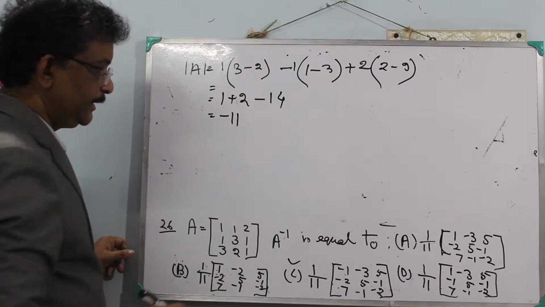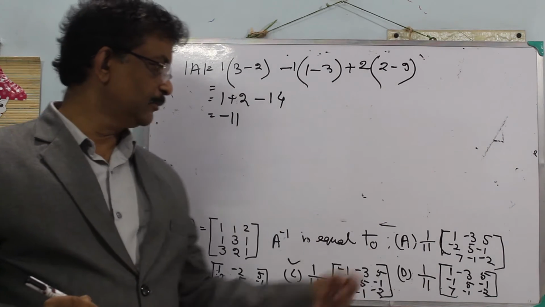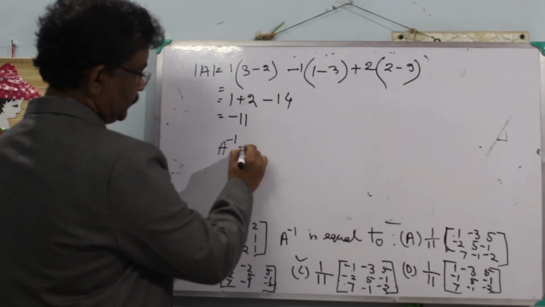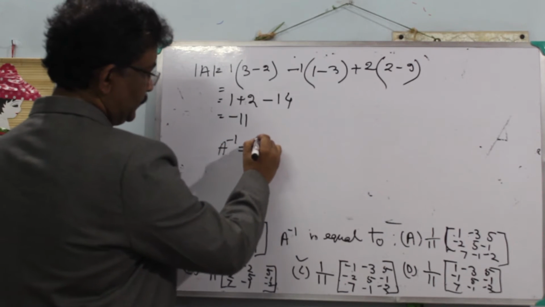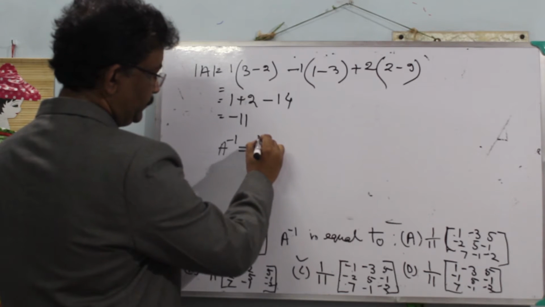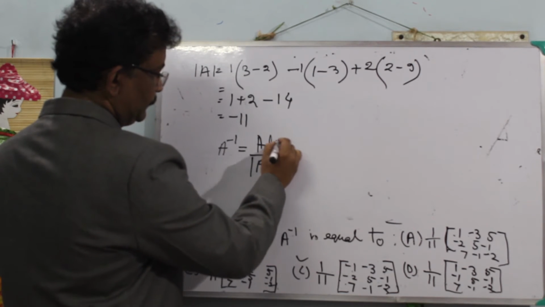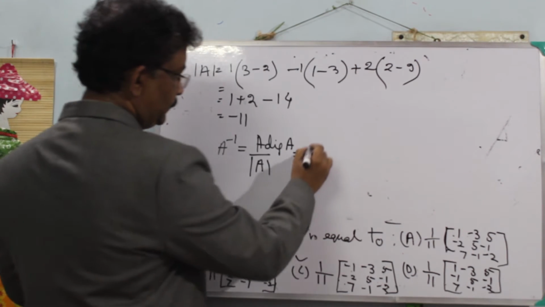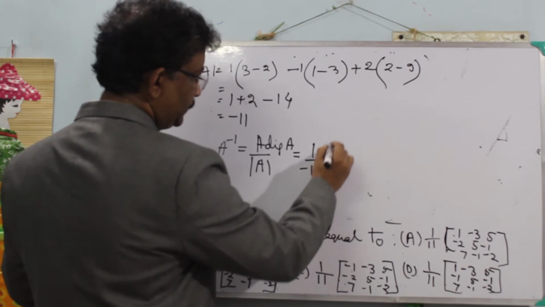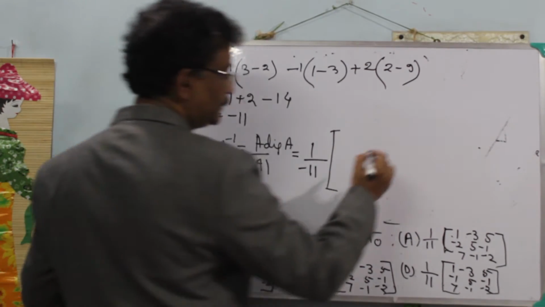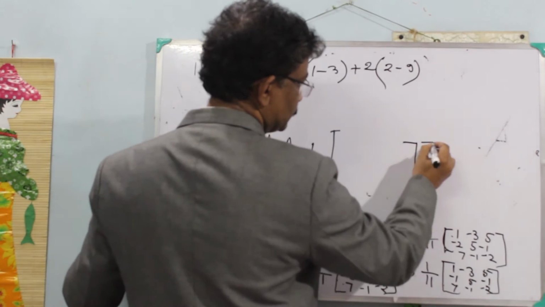So determinant A is not 11 but minus 11. So the formula of A inverse is 1 by determinant A and adjoint of matrix A. Adjoint of A means the matrix of cofactors and then its transpose.